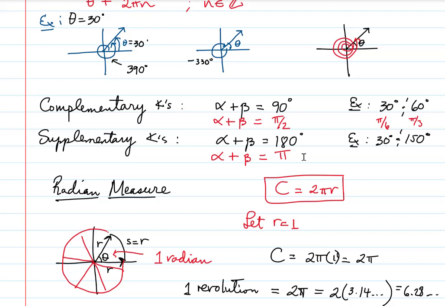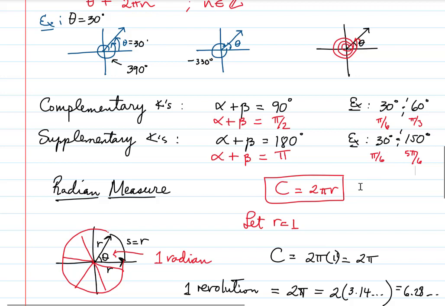I think it's a little bit easier to see on the supplementary. So here this is pi/6 for 30, and this is 5 pi/6 for the 150. Notice how you're really just adding fractions. These are fractions in pi, so this is 1/6 plus 5/6, which gives you 6/6, which is 1 pi, right?